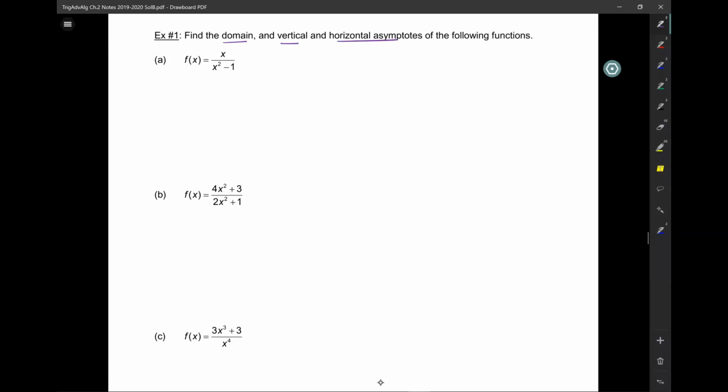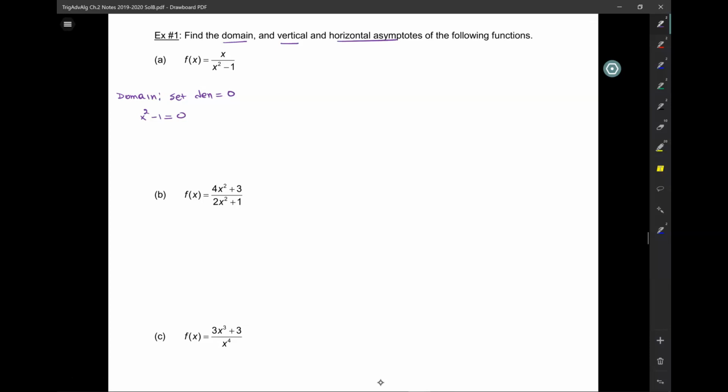So, for the domain, I need to look at the denominator. Set denominator equal to 0. Okay, so the denominator is x squared minus 1. I need to set it equal to 0, right?